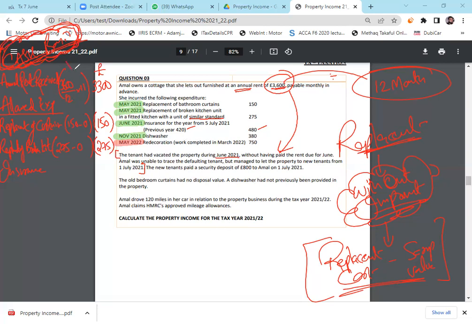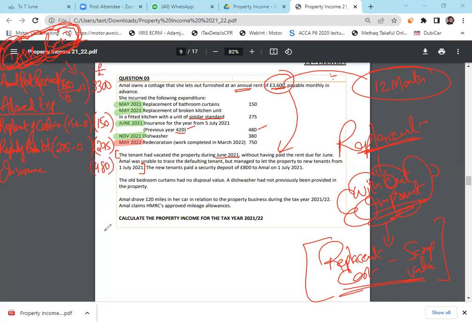This is not the accrual concept. This is simple cash calculation of what amount you receive. You received 11 months' rent out of 12 months. This is cash working, not accrual working, so you are not allowed to compute the months. The previous year is not relevant. We will take the current year, which is 480.